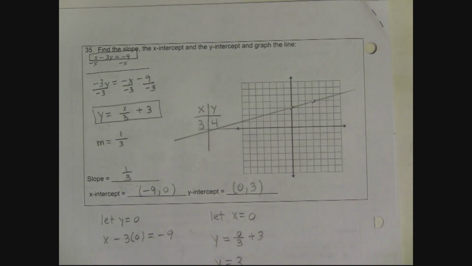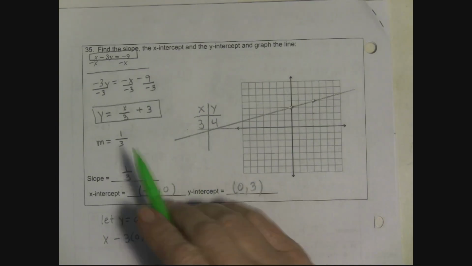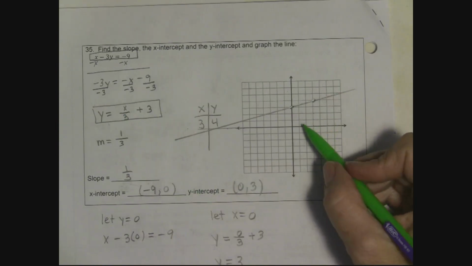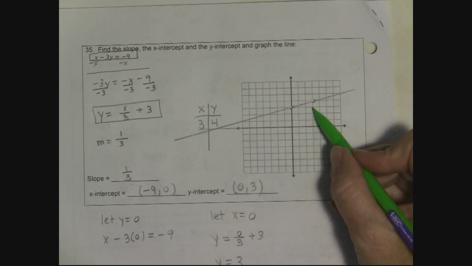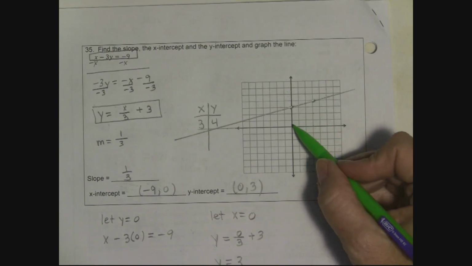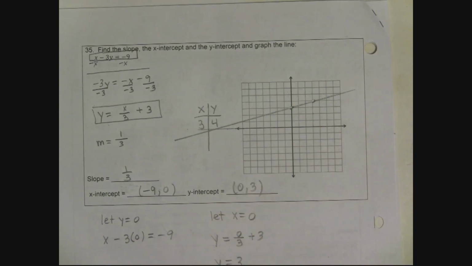It looks like it crosses at negative 11. And so that makes me think, Donna, my dear, 1, 2, 3, 1, 2, 3, 4, over 0, up 3. 1, 2, 3.